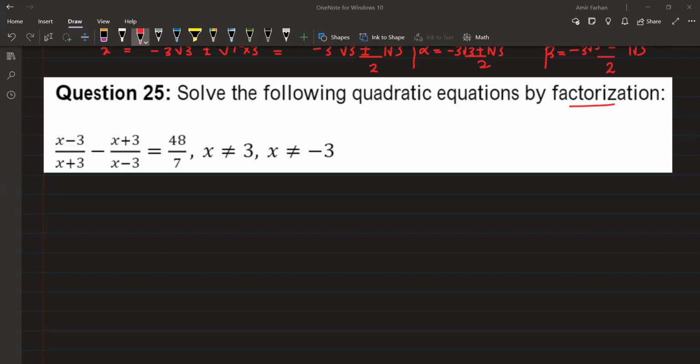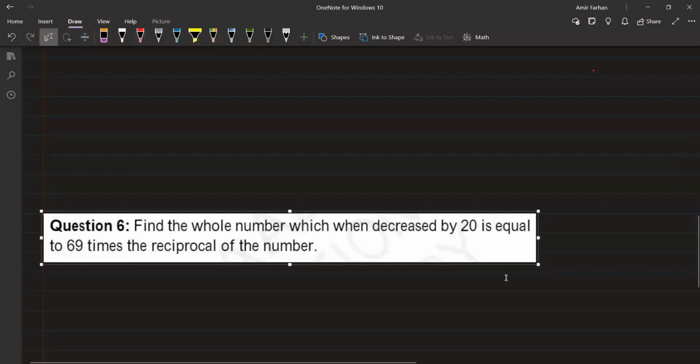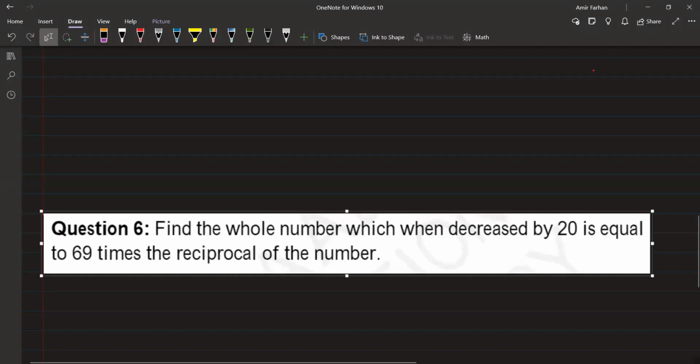Just till then solve this. Any answer? 1 minute, sir. Okay.